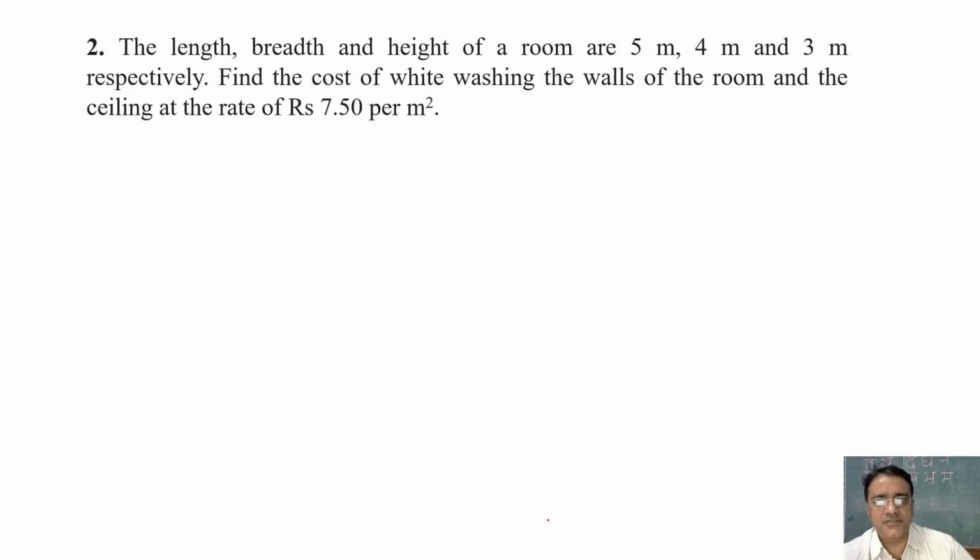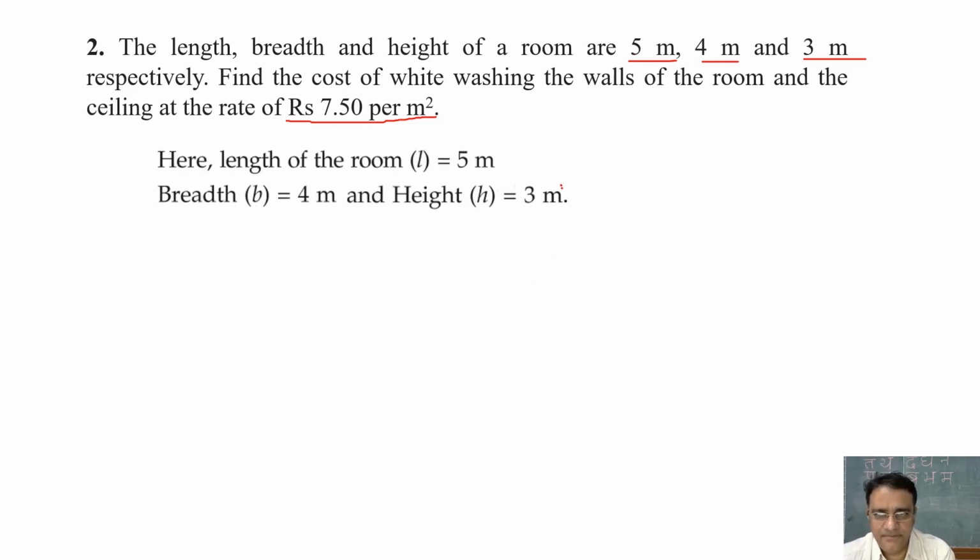See, second question is a very good question. The length, breadth, height of the room is given, and we have to find the cost of whitewashing the walls of the room, 4 walls, and the ceiling at the rate of rupees 7.50 per meter square. So first of all we will write L, B, H. Okay.